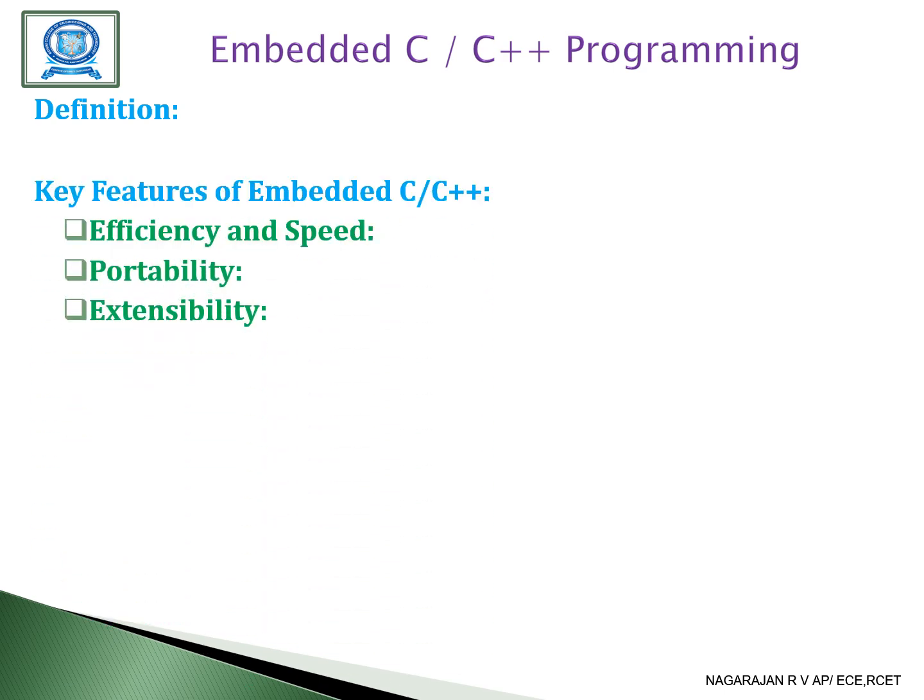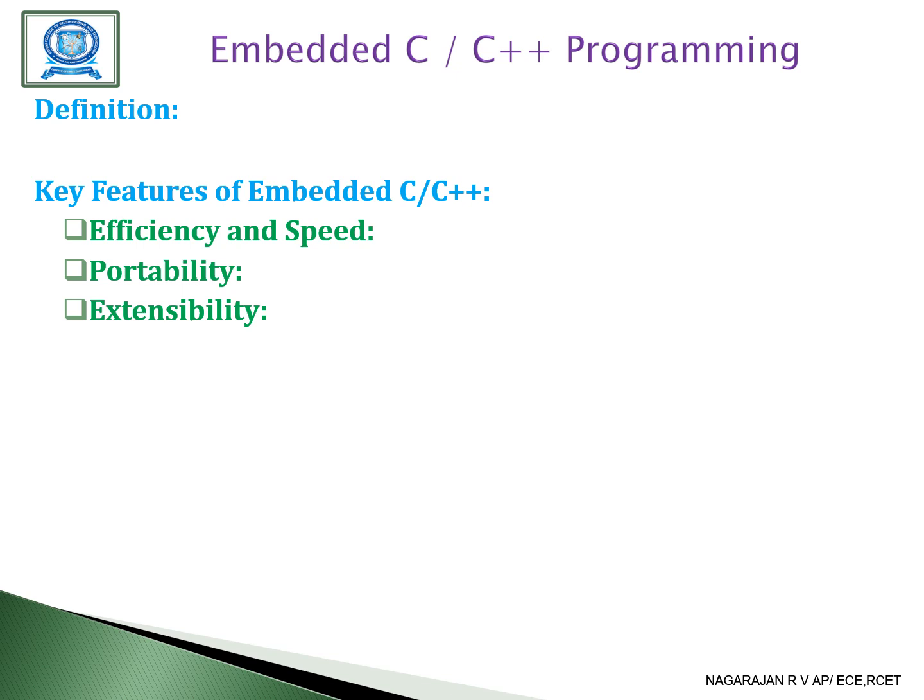Now let us consider the key features of embedded C and C++. First key feature is efficiency and speed. Embedded C and C++ allow for low-level memory manipulation and direct access to hardware registers. So it enables the development of highly efficient code that can run on resource-constrained devices.